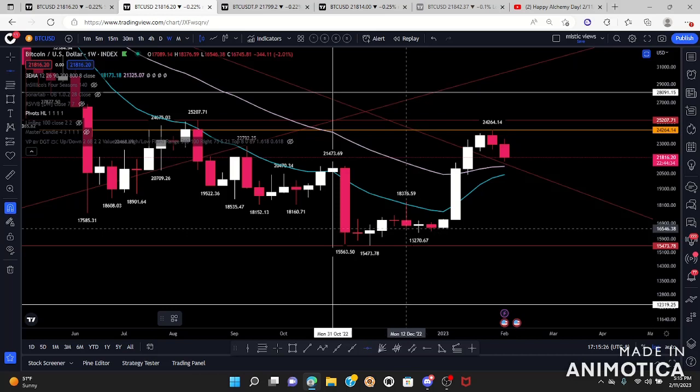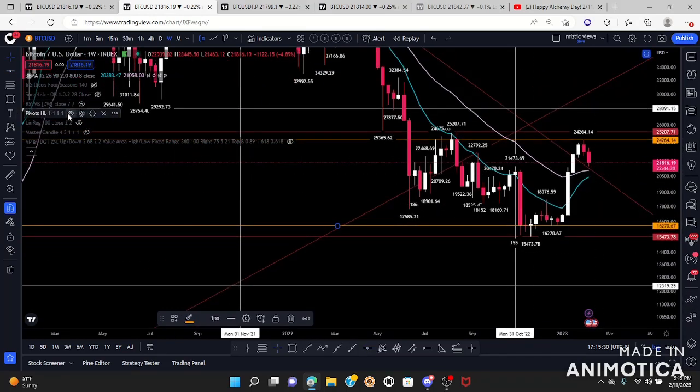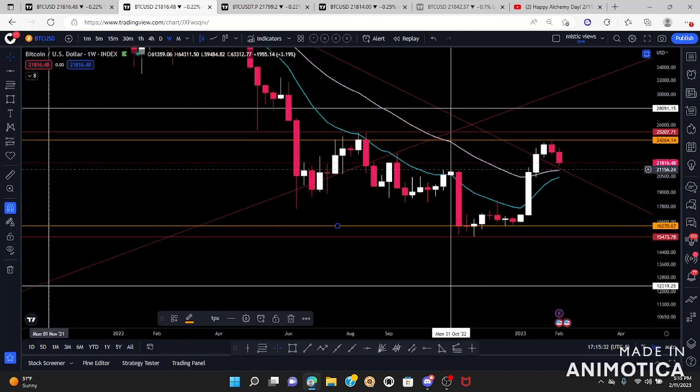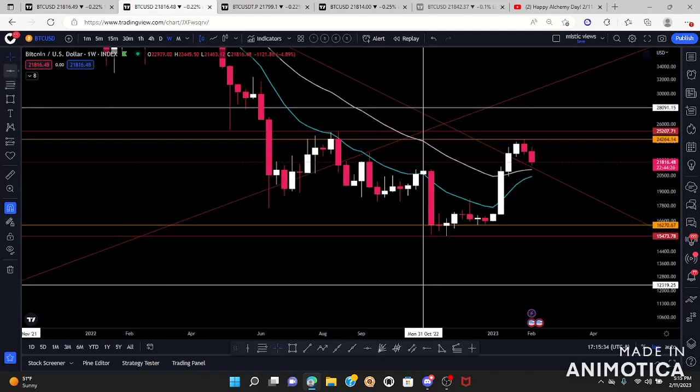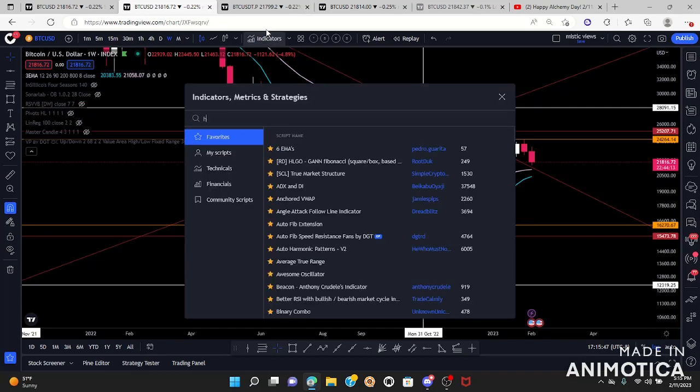And this is our support for the weekly. Within the weekly, we're also going to set some trend lines. If you're having a hard time finding where to set your trend lines, you could definitely use, where is my higher high, lower low? I don't have it here.